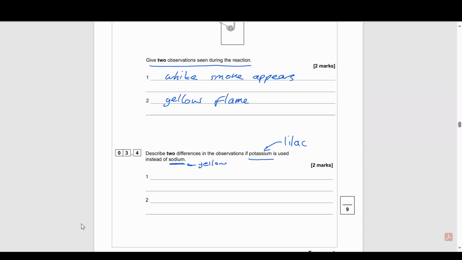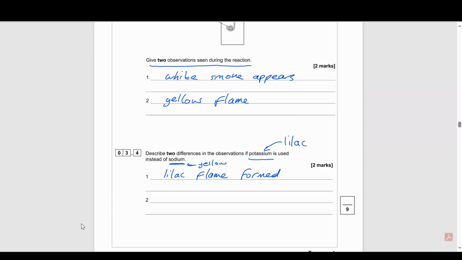So the differences will then be a lilac flame will form. But what will be the second difference? Well, as I said, for any metal that's in group 1, a white smoke will appear. However, how's that going to be different when it's potassium now?